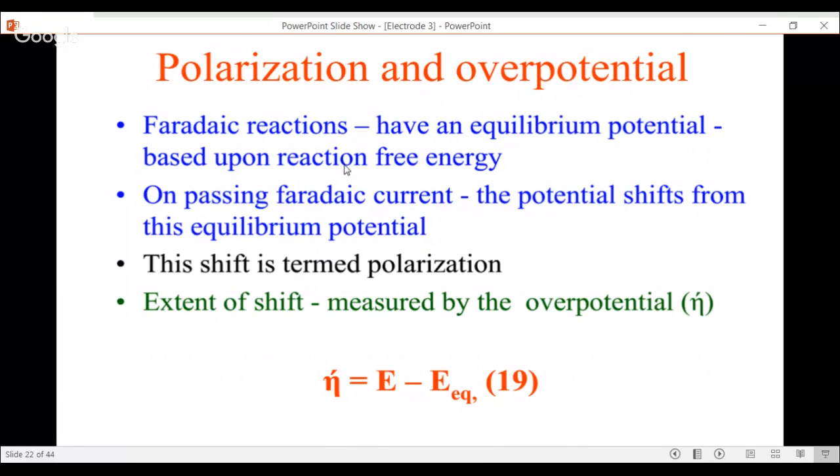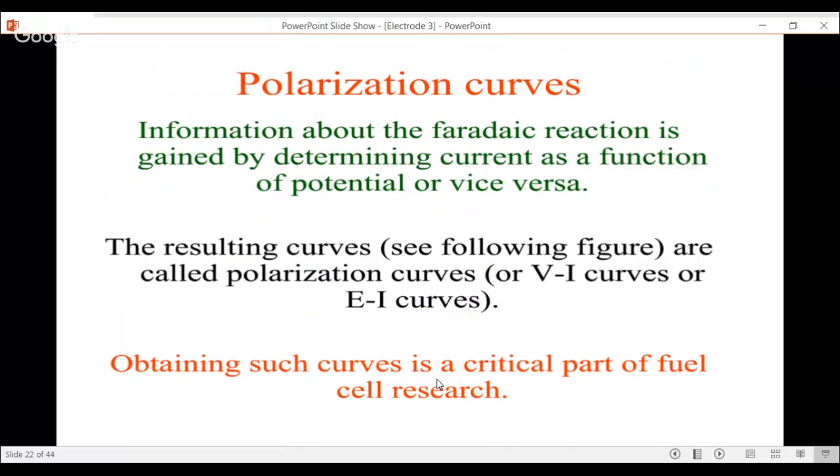Before that, we will simply understand that all the Faraday reactions have an equilibrium potential based upon reaction free energy. Therefore, overpotential is E, the applied potential, minus E, the equilibrium potential. Information about the Faraday reaction is gained by determining the current as a function of potential or vice versa, or measuring at a constant current what the potential is.